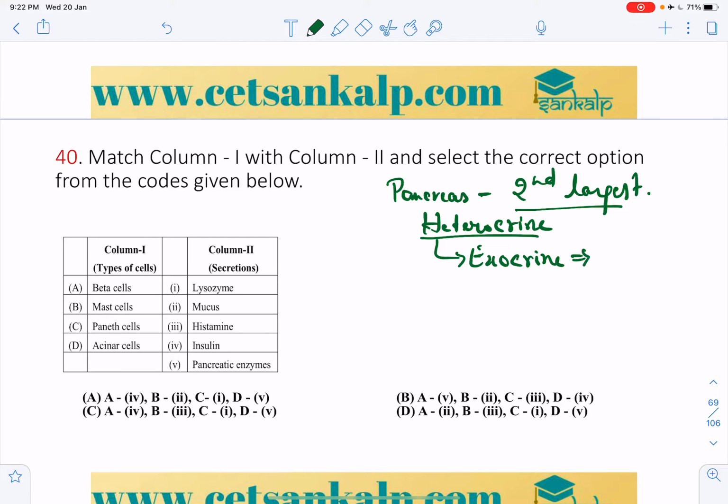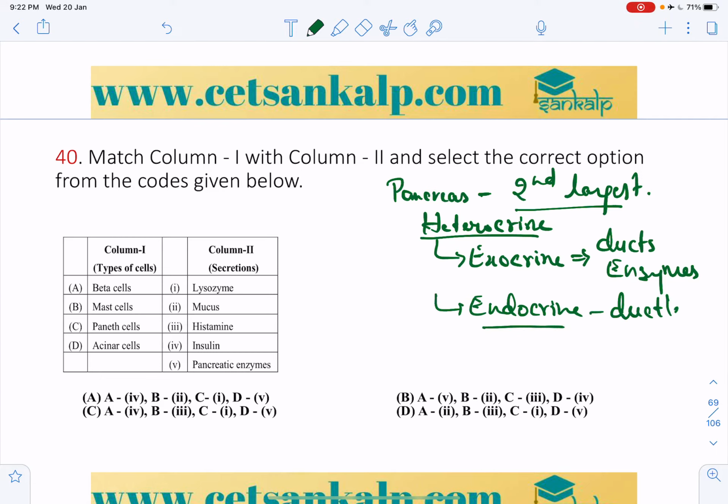Exocrine means the secretion will be poured through ducts, and here mainly enzymes will be produced. And endocrine means no ducts, ductless glands, which mainly produce hormones.